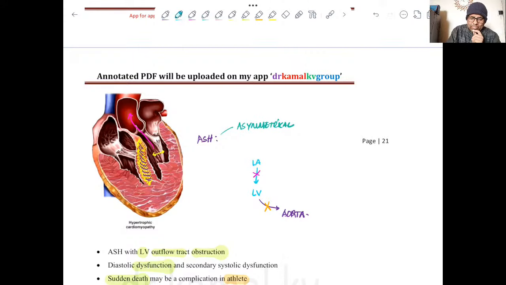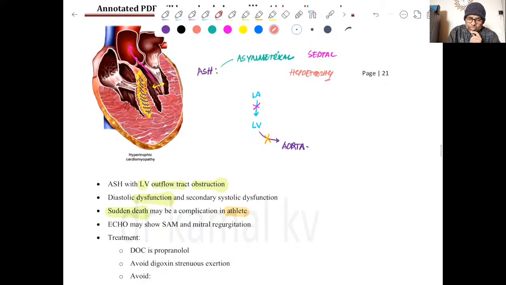Because it is involving more, it is going more into the left ventricular cavity. Okay, so asymmetrical septal hypertrophy.